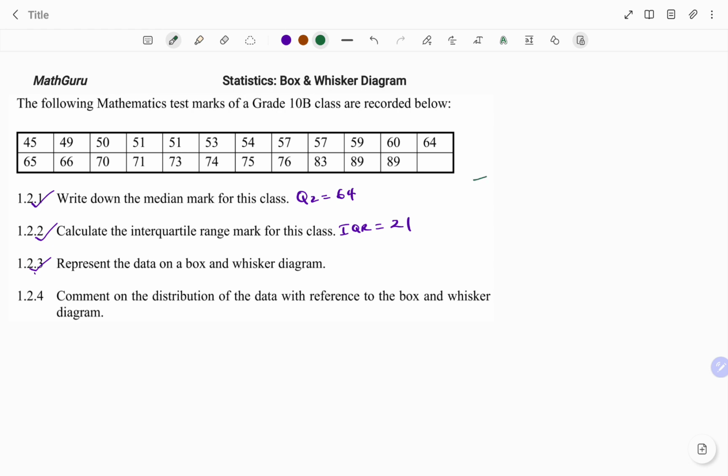I need the minimum value of the distribution, which in this case will be 45. I need my maximum value, which in this case will be the biggest number, that's 89.